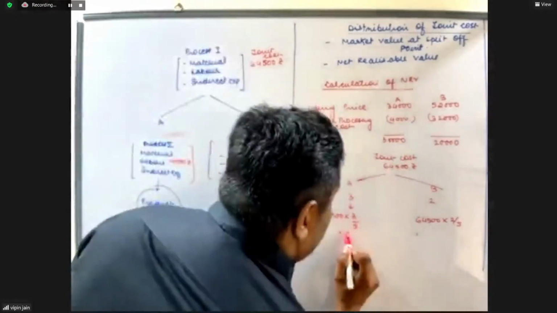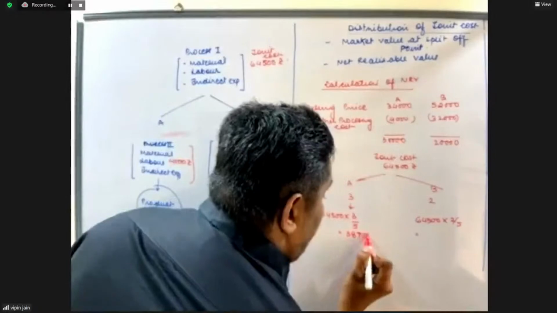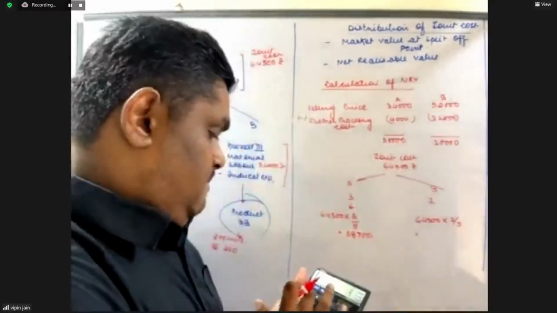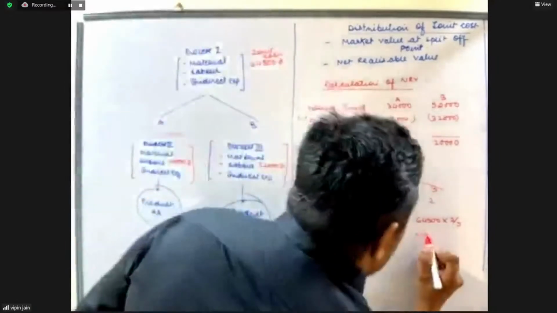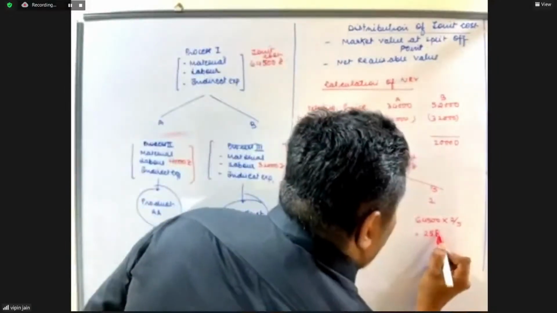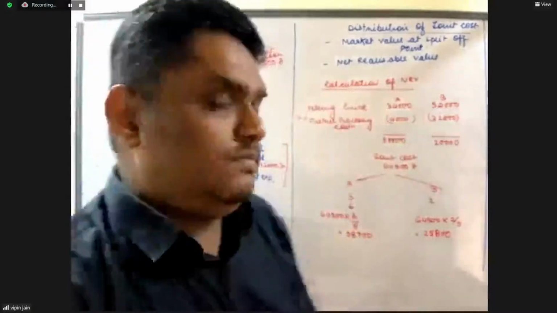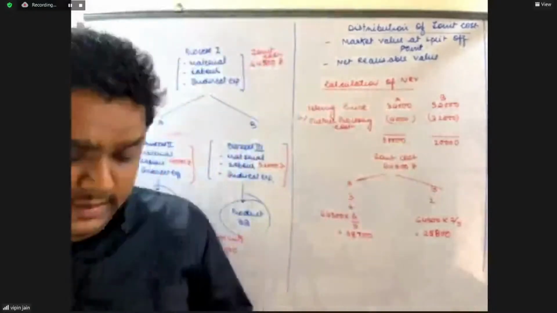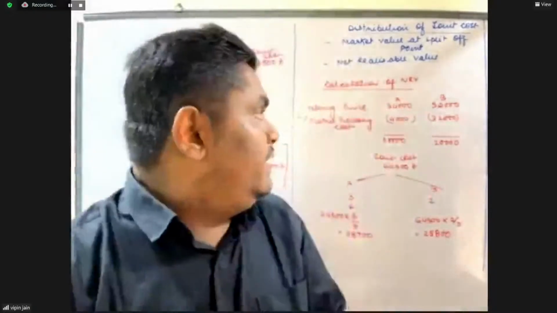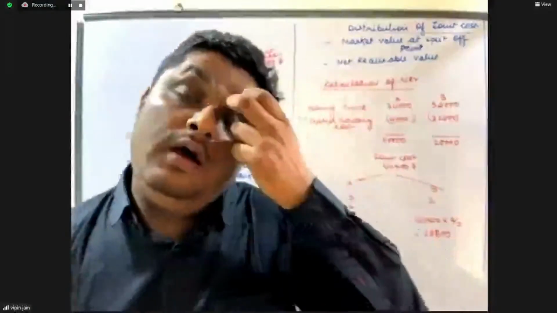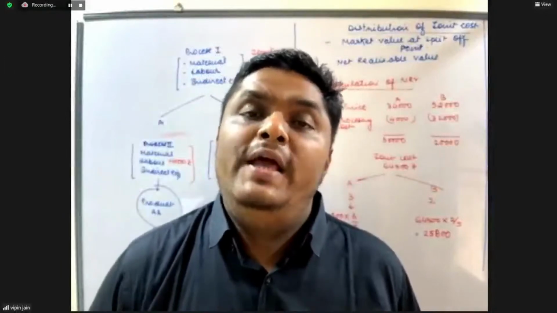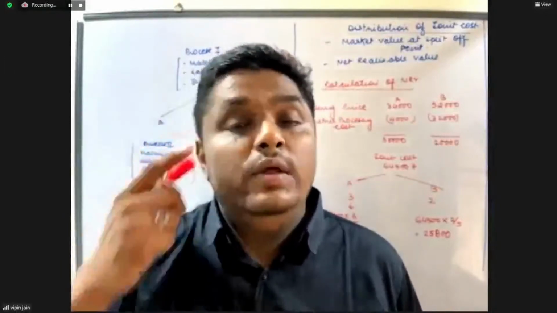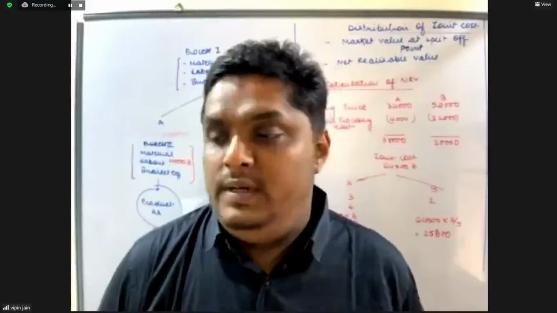So this is how the joint cost is to be distributed in the ratio of net realizable value. This method is to be applied only when the market value at split off point is not available.